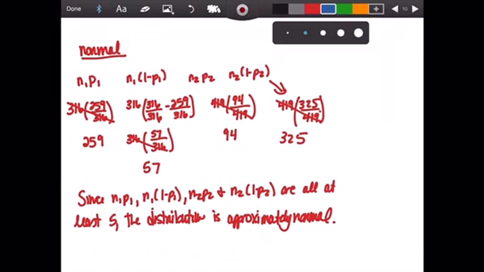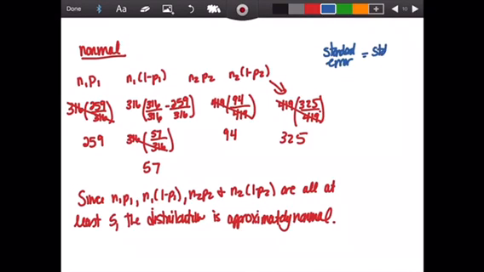Now, the other thing that we wanted to calculate was the standard error of the sampling distribution. Standard error is simply our standard deviation when we use sample data instead of population data. Well, if you will remember, the standard deviation of p hat 1 minus p hat 2 that we've already derived is the square root of p1 times 1 minus p1 over n1 plus p2 times 1 minus p2 over n2.